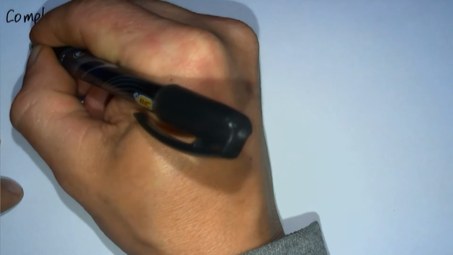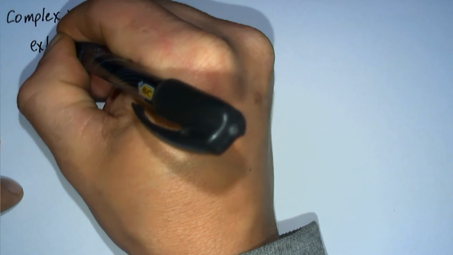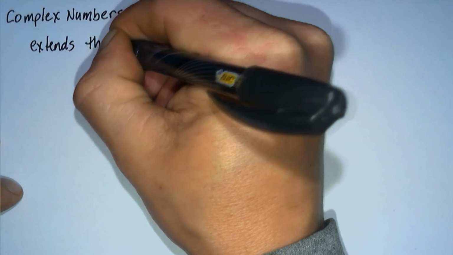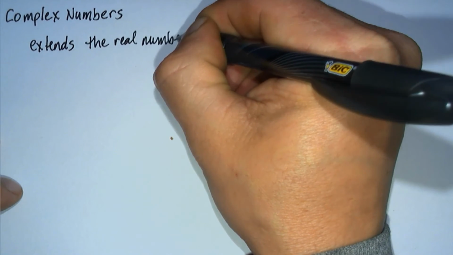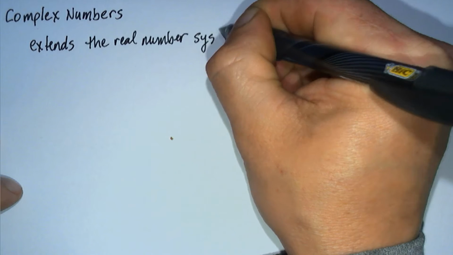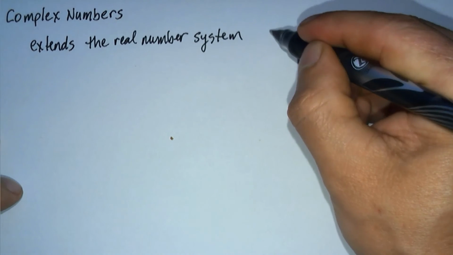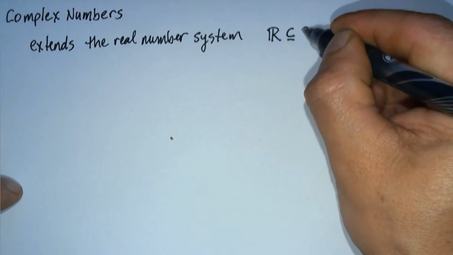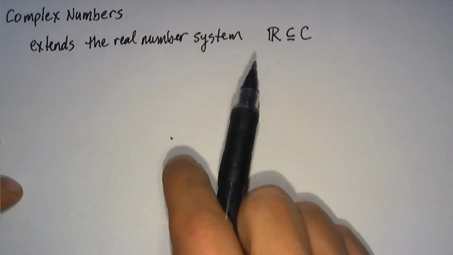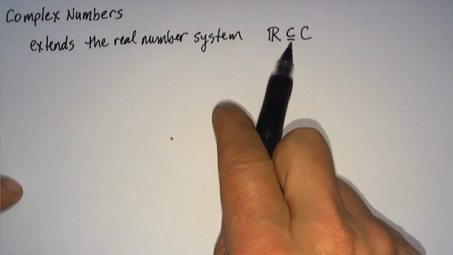It extends the real number system. And what I mean by that is the real numbers are a subset of the complex numbers. Okay, so the real numbers are a subset of the complex numbers.